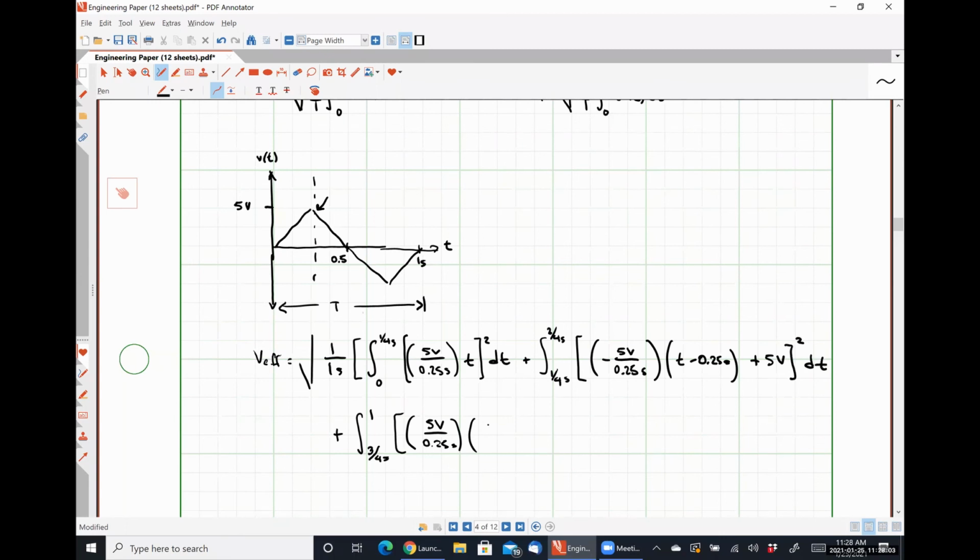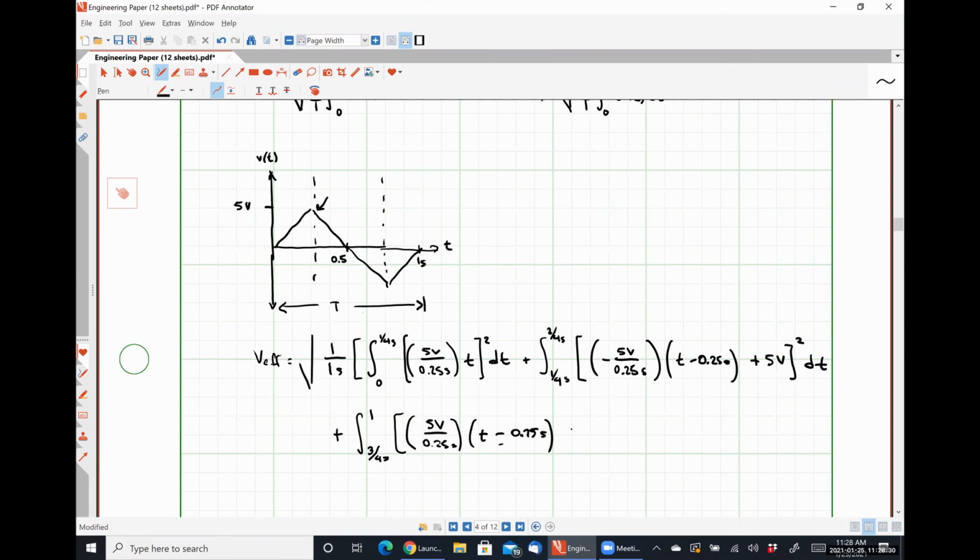We're going to do a similar thing here. Positive slope, 5 volts over 0.25 seconds. I'm getting ahead of myself trying to finish up quickly. It's t minus 0.75 seconds because I'm sliding it over to here.